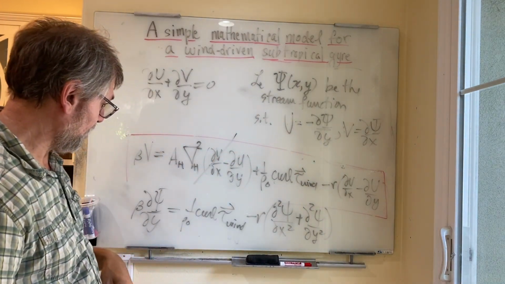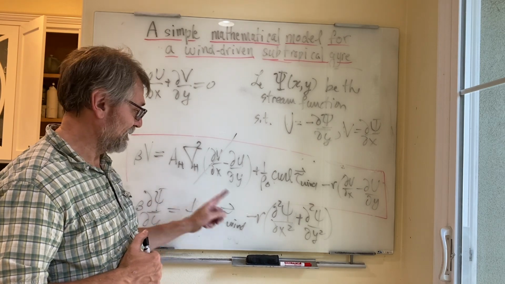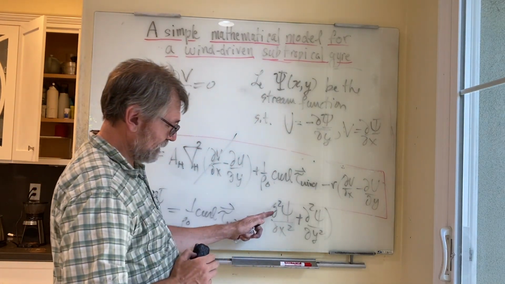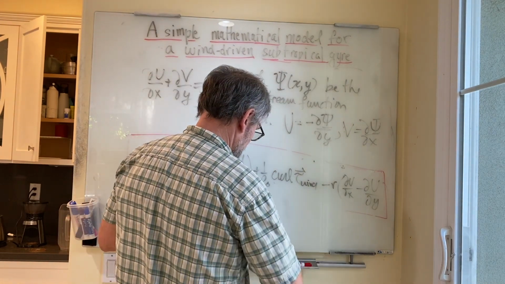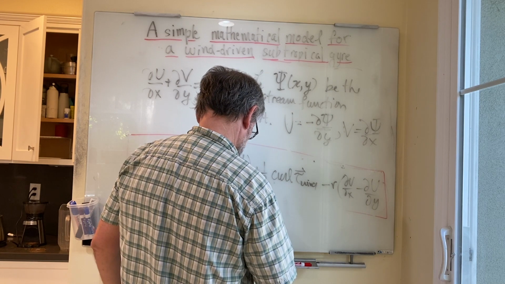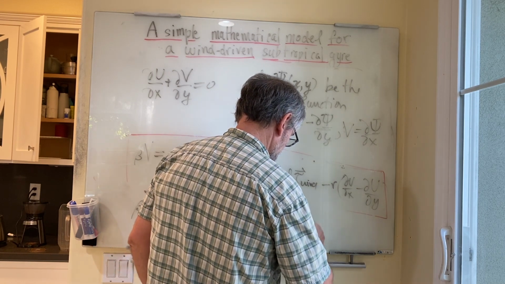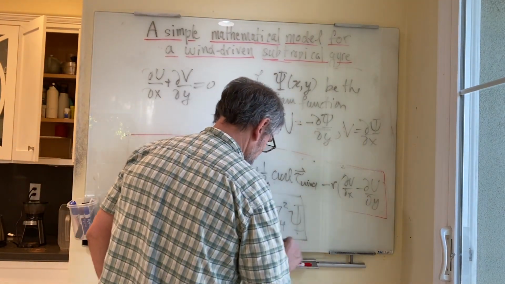And so this is again our friend, the horizontal Laplacian operator. So we can just replace the second derivative with respect to x plus second derivative with respect to y with simply this expression. All right, so this is our new equation down here.